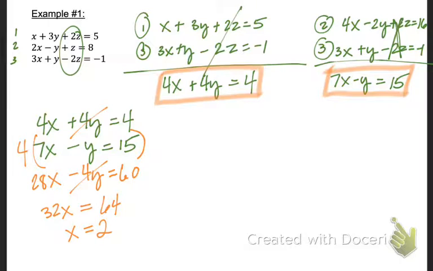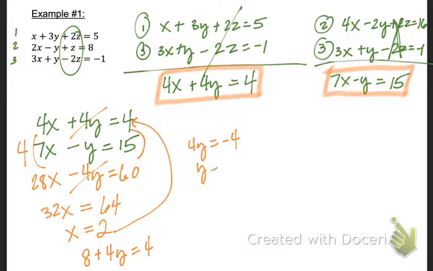Once you have one of them, you substitute it back into one of the originals, first or second, doesn't matter. So 4 times 2 is 8, plus 4y equals 4. So 4y equals -4. Y equals -1.